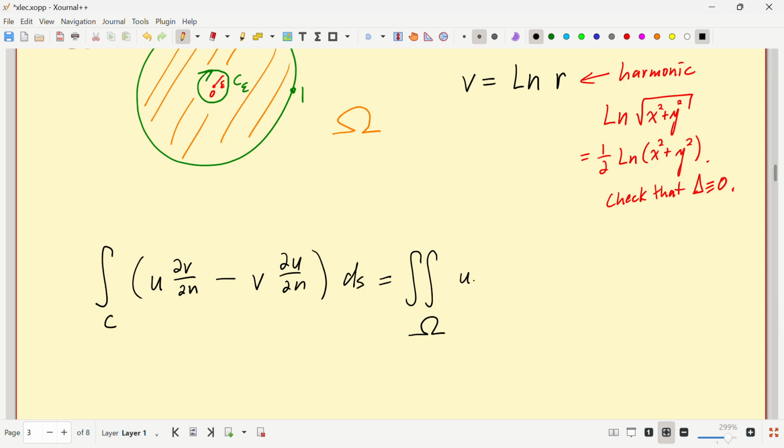But those are both harmonic functions. Remember, this is the integral around the outer circle, union C epsilon going around, which I'll make go clockwise, like I have in the picture.